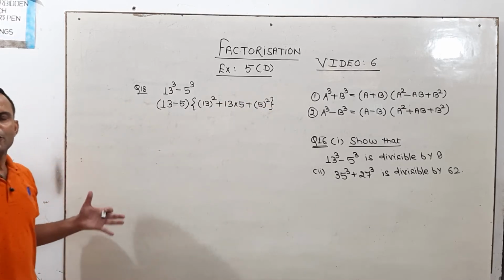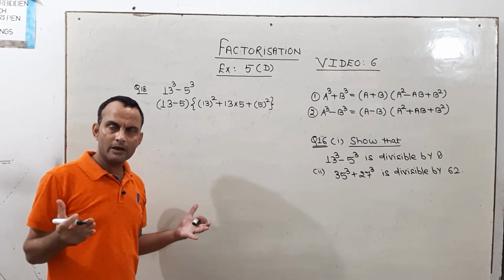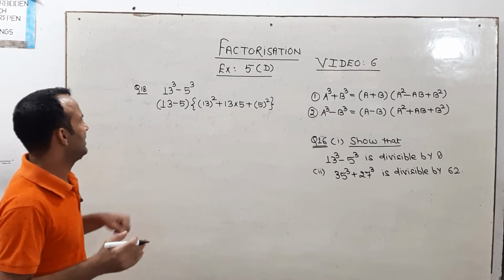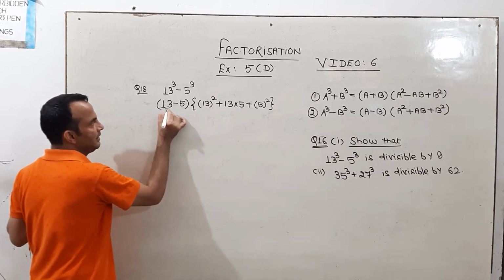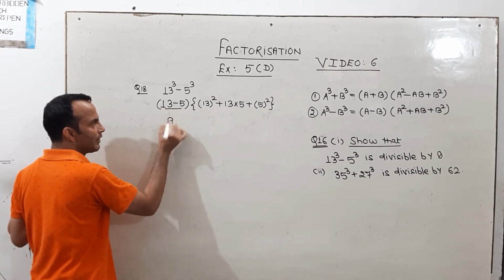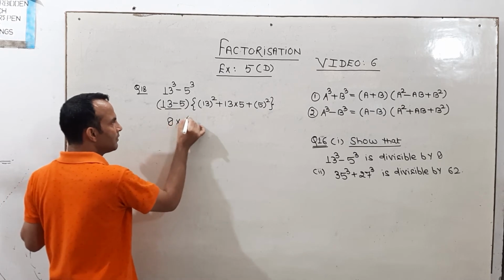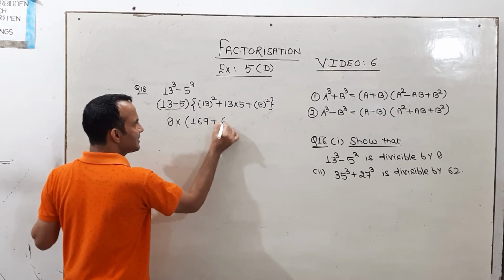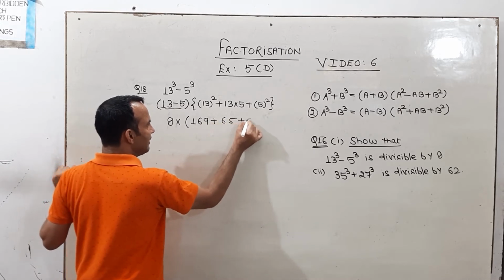a cube minus b cube can be written as a minus b multiplied with a square plus ab plus b square. Now dear students, you can see 13 minus 5 is what? 8 into 169 plus 13 fives are 65, 5 fives are 25.